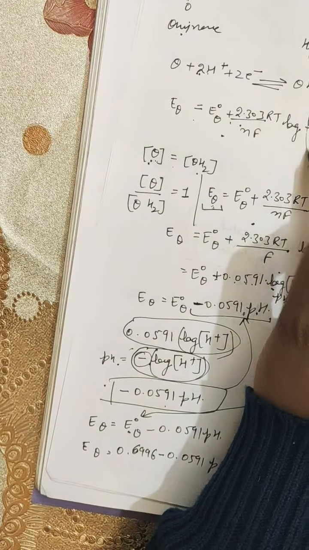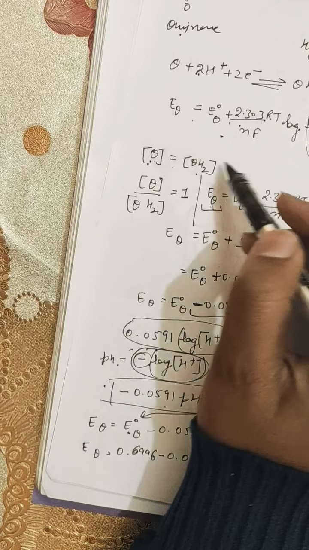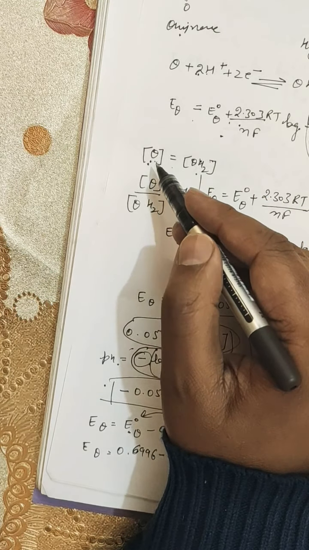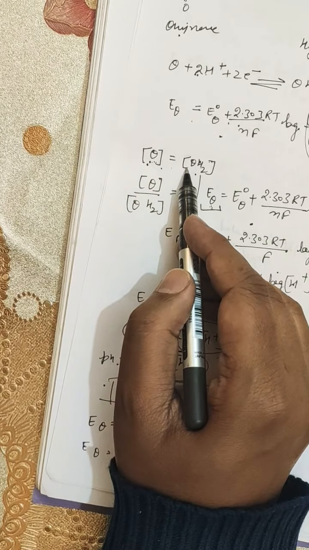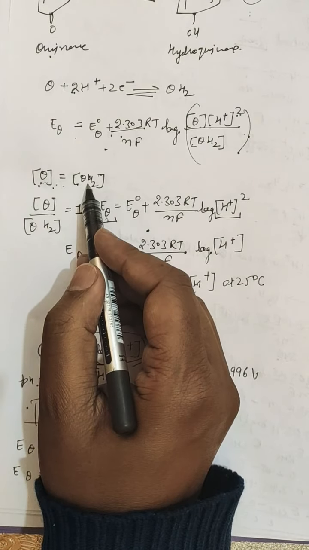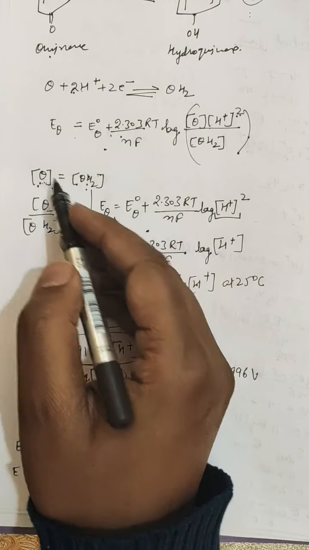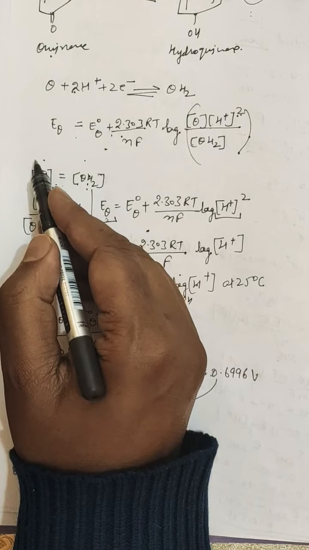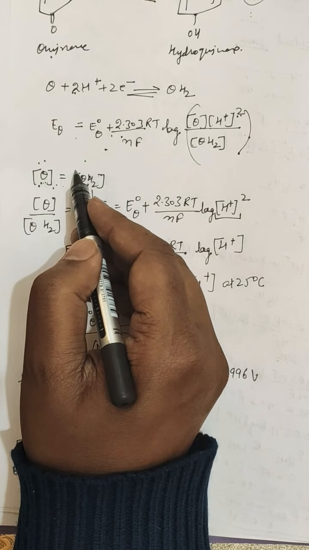We wrote here that, by definition, we know that the quinone electrode contains an equimolar mixture of quinone and hydroquinone. An equimolar mixture of quinone and hydroquinone simply means that the concentration of Q is equal to QH2. If we take 2 moles of quinone, then there will be 2 moles of QH2.